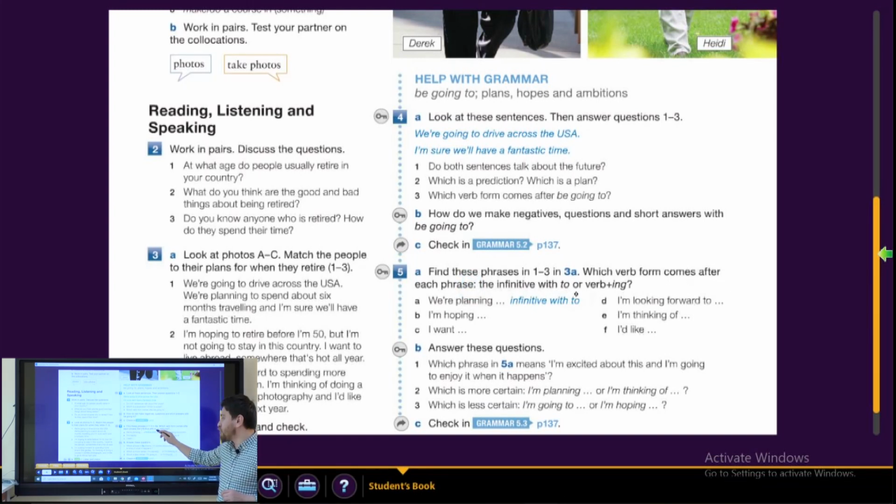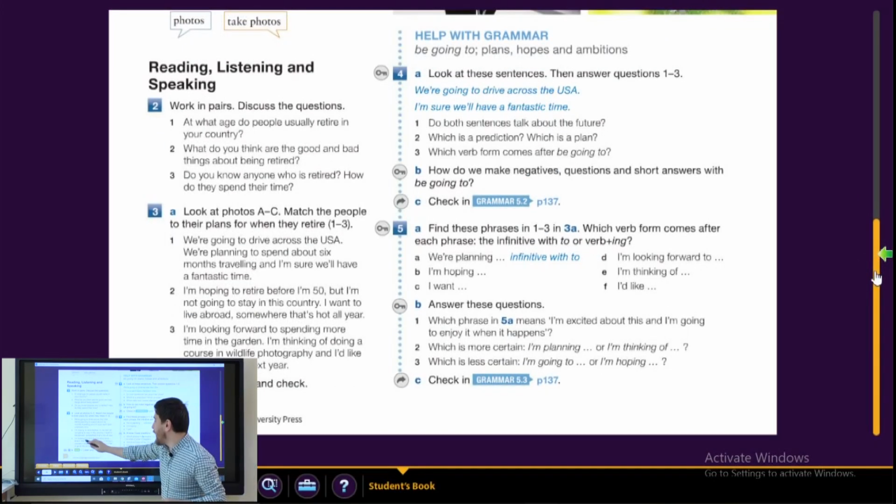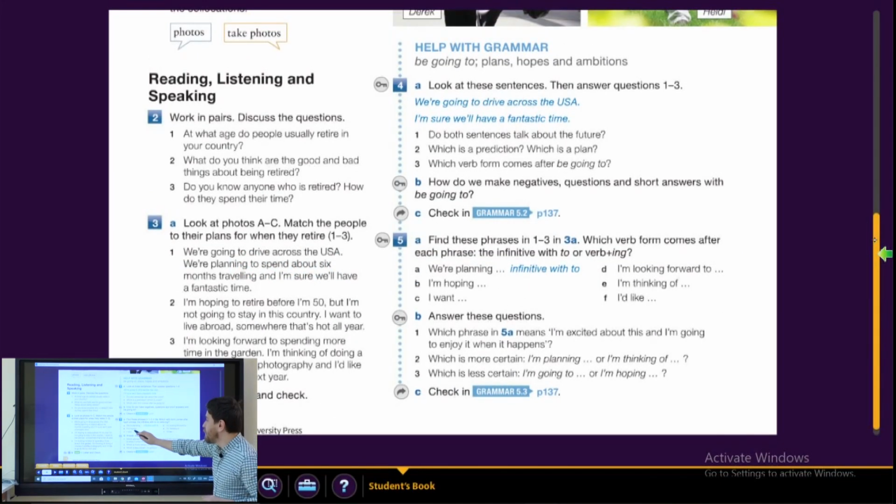So, find these phrases 1 to 3 in 3A and which verb form comes after each phrase, the infinitive with to or verb ing. A, we are planning, followed by infinitive with to. Look on here, we are planning to spend about 6 months traveling. And the second one, I'm hoping, also followed by to infinitive. I'm hoping to work forever, for example.